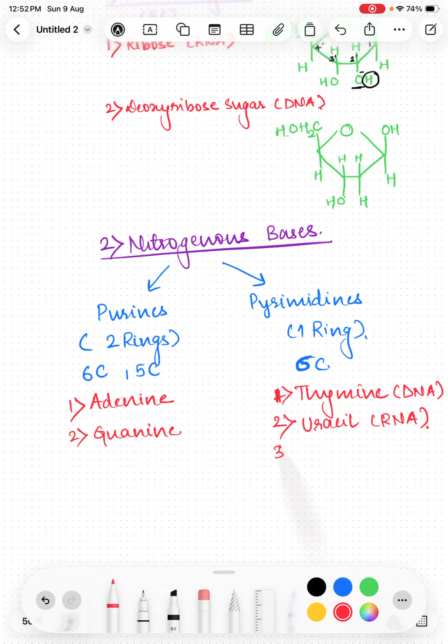And third one is cytosine. The difference between thymine and uracil is only the presence of methyl group in thymine.